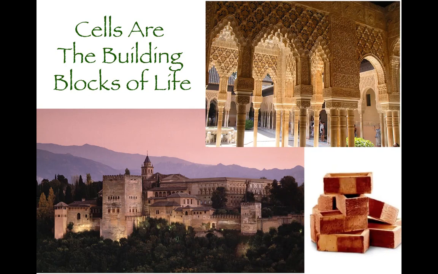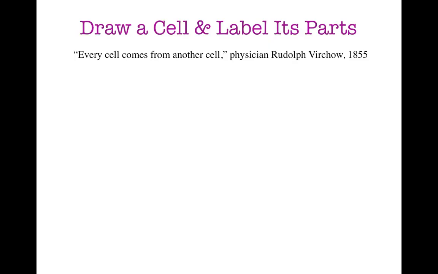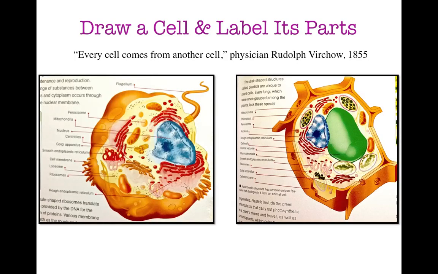But what's interesting about it is that it's made of bricks. Essentially, it's a bunch of bricks put together in a pattern to hold up this huge fortress. And that's no different than your body. Your body is made up of little bricks called cells, and those cells lock together to form this intricate human being.